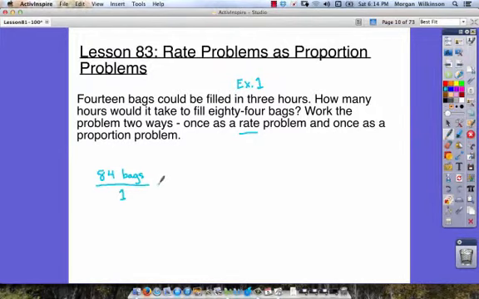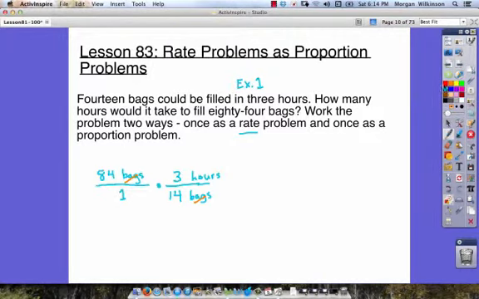So we're going to multiply by some rate that has bags in the denominator, so that we have bags on top and bags on bottom, and they cancel each other out. We've got bags in the denominator, so we must have hours in the numerator. And it says 14 bags could be filled in 3 hours.